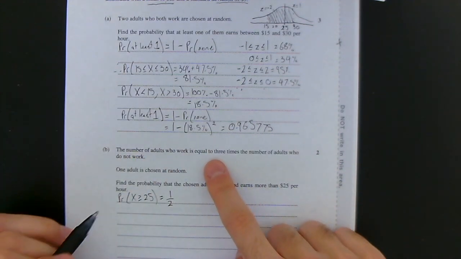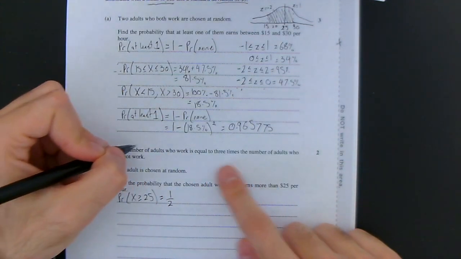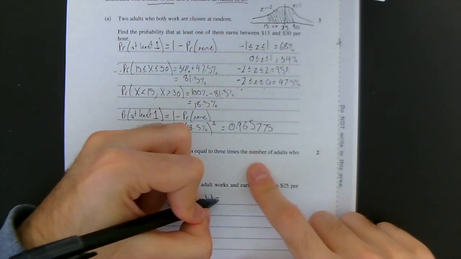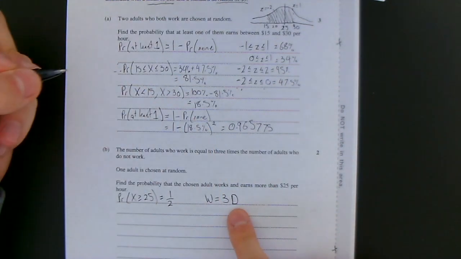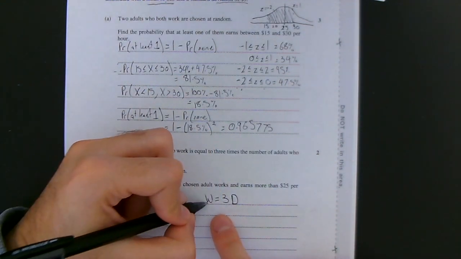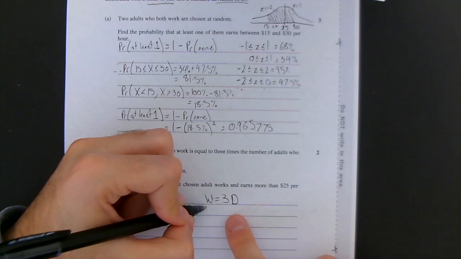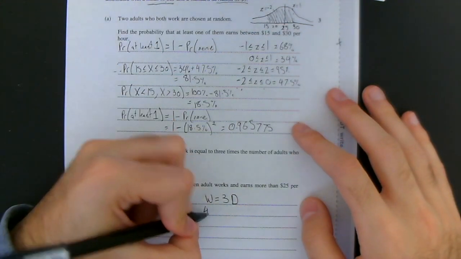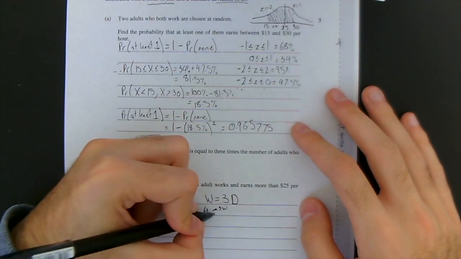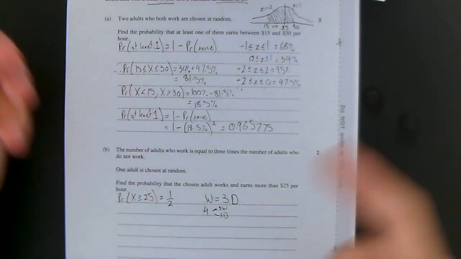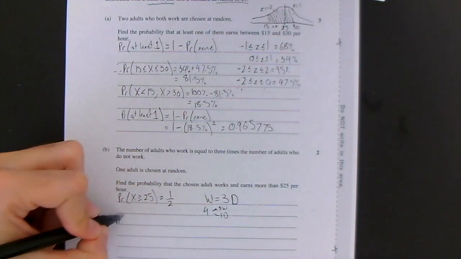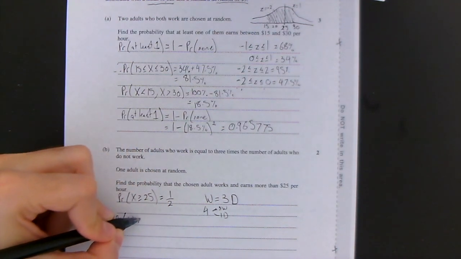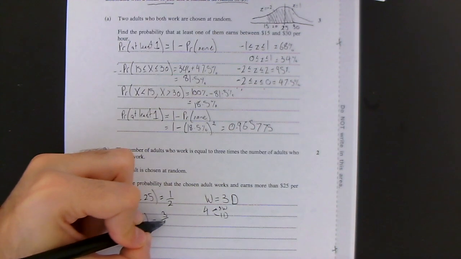So we know that the number of adults who work is equal to 3 times the number of adults who do not work. So that means if I have 4 people, 3 work and 1 doesn't, which means the probability that someone actually works is 3 in 4.